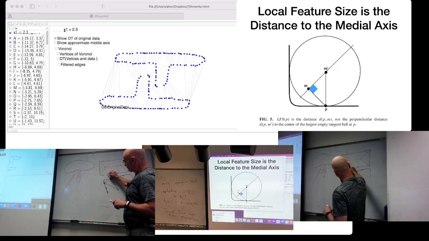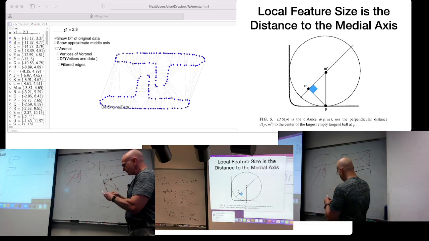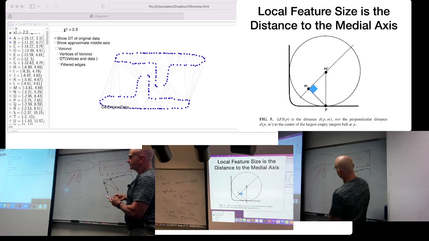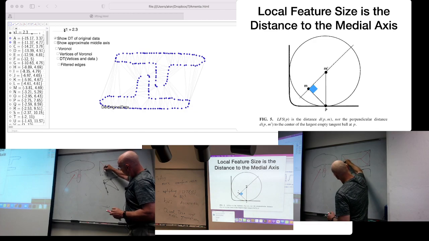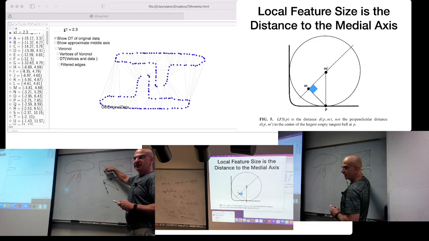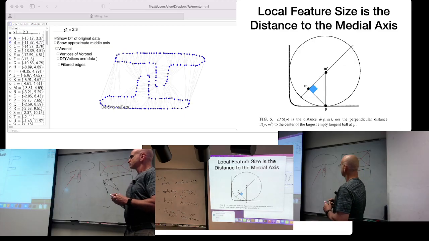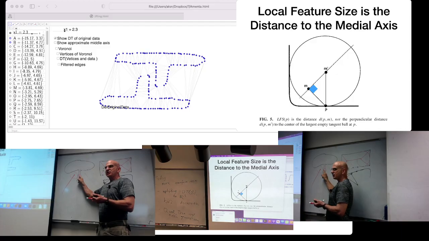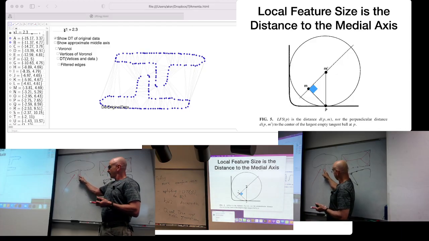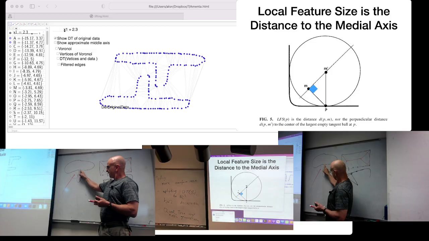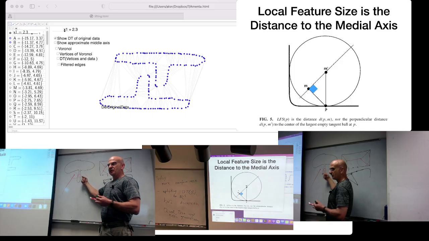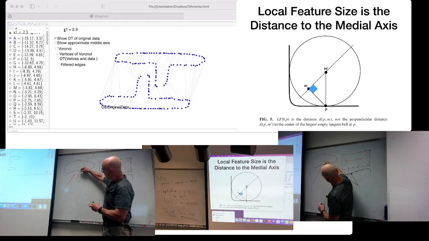So from every point P on the original shape, the local feature size is the distance to the medial axis, the distance to the nearest point of the medial axis. And the intuition comes from this shape. If you are in this little bump, then you're very close to the medial axis. The local feature size is very small, implying that to be able to reconstruct it, I need to have very densely sampled points.